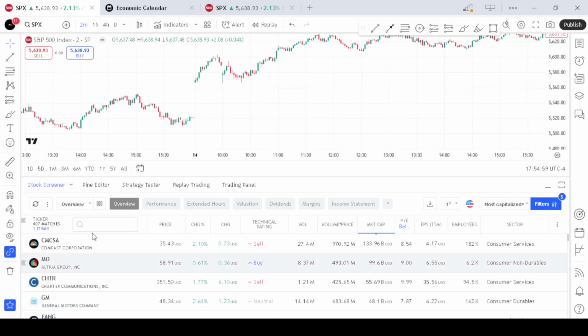Now, for your daily trading, you have to focus on stocks with high liquidity. You set a minimum trading day volume of 1 million shares to ensure adequate liquidity.